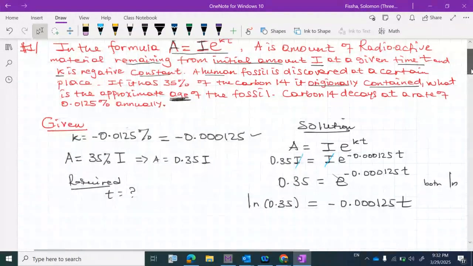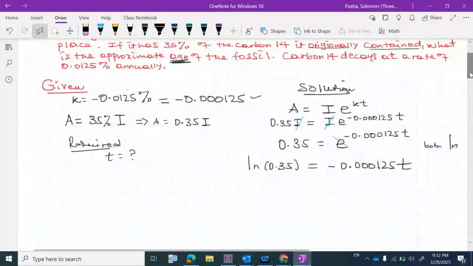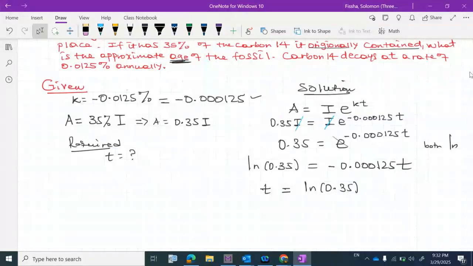Perfect, this is now very close. So next, I'm looking for t. I have to divide both sides by negative 0.000125. So my answer is going to be t equals ln of 0.35 divided by negative 0.000125.